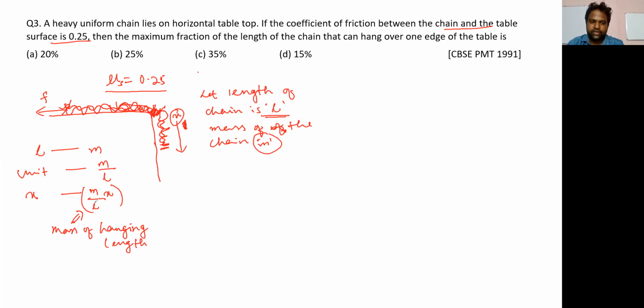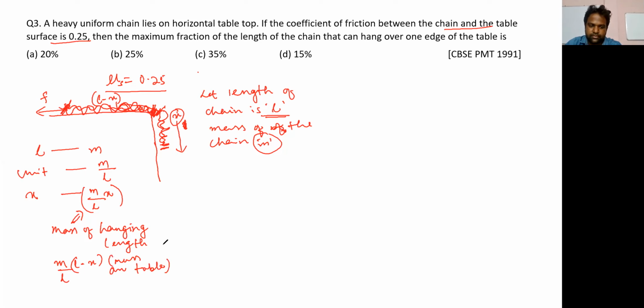You can write M minus this, or using the same unitary method: if this length is x, then the length on the table is L minus x, as the total length is L. So what will be the mass? The mass will be M by L into L minus x. This is the mass present on the table.